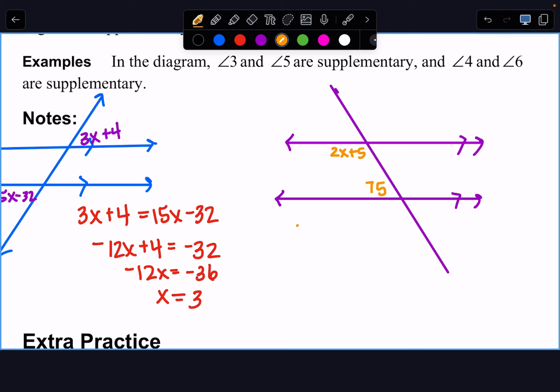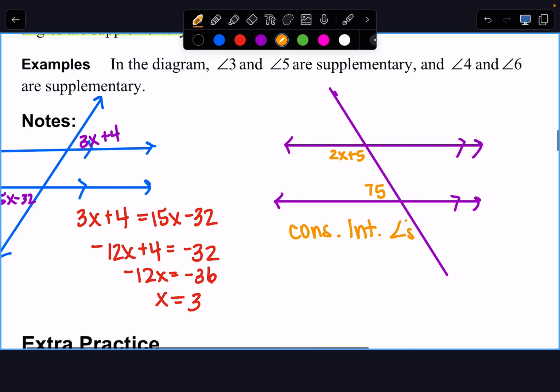Consecutive interior. Okay, we have consecutive interior angles, and we know consecutive interior angles are, so can we say that better? Supplementary. So 2x plus 5 plus 75 equals 180, which means you're telling me that 2x is 100, so x is 50. Okay. That was probably too nice of a problem, but I wanted you to get the idea.